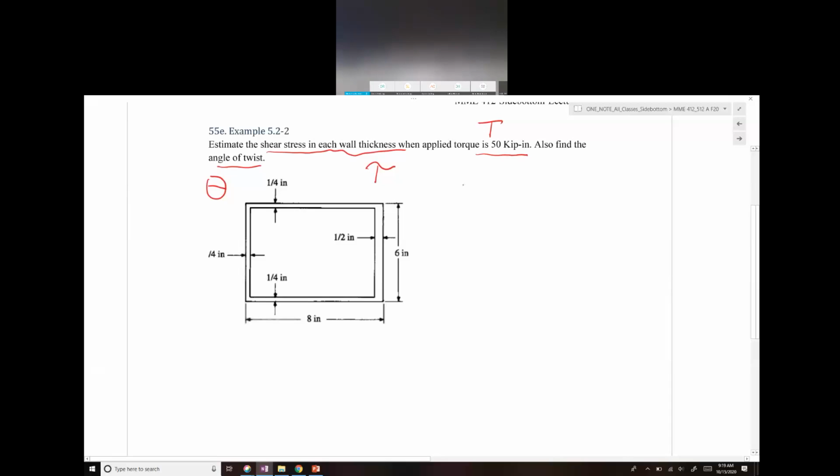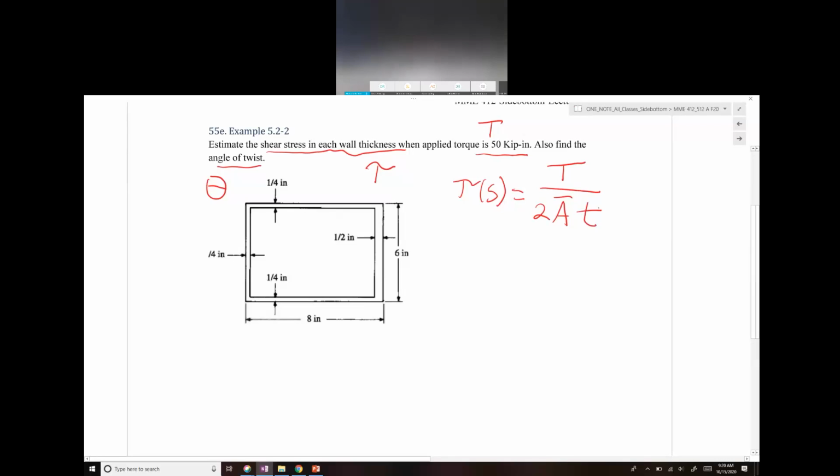So we know that tau as a function of s is going to be equal to our overall torque divided by 2At. We defined it earlier in this section.